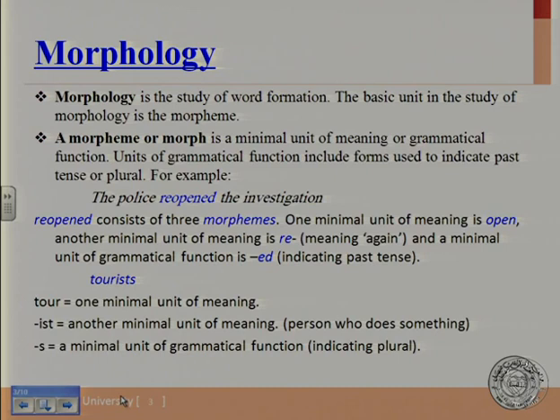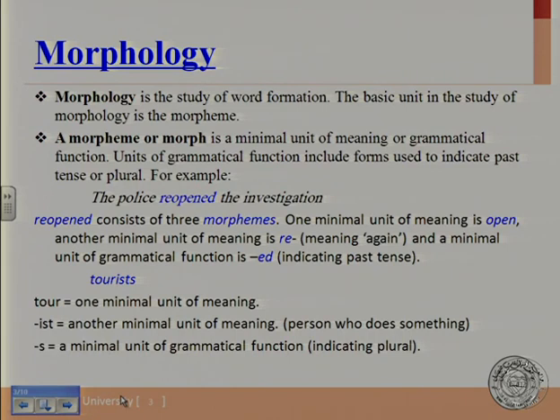Now, the word reopened consists of three morphemes. One minimal unit of meaning is the word open. Another minimal unit of meaning is re, and a minimal unit of grammatical function is ed, which indicates the past. Another example is tourists.